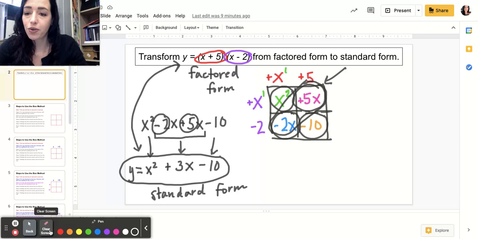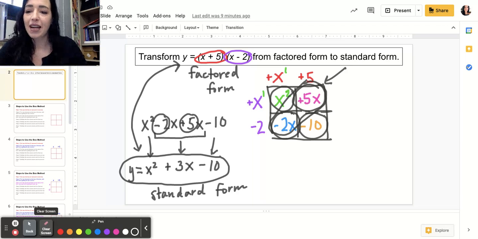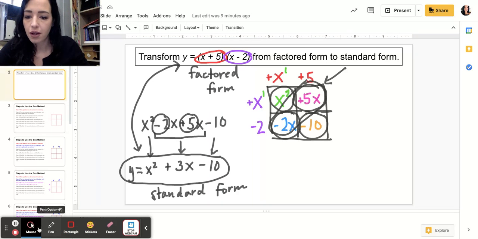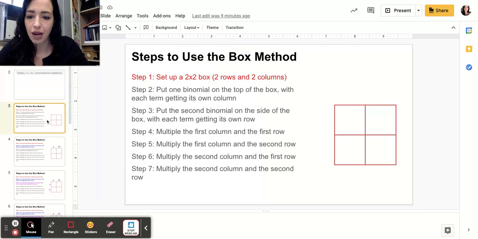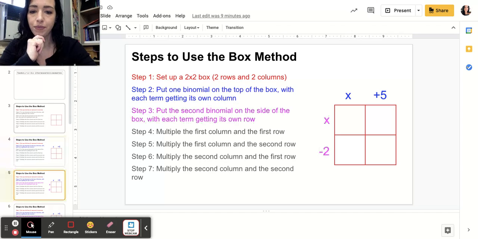I also went ahead, because I'm the nicest teacher ever, and put these steps into different slides. So let me go back to the mouse, and we're going to go through them. Again, step 1 is just to set up the box. Step 2 is to put one binomial on the top of the box. Each term in the binomial gets its own column.